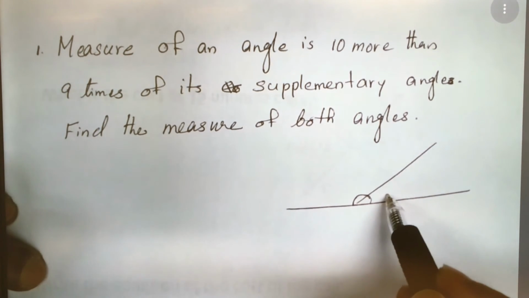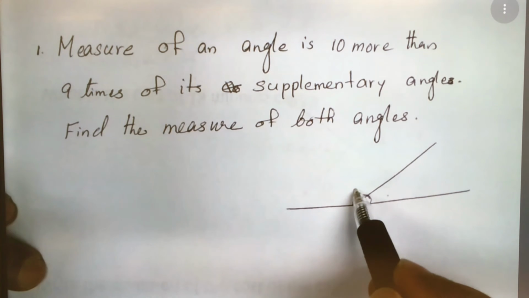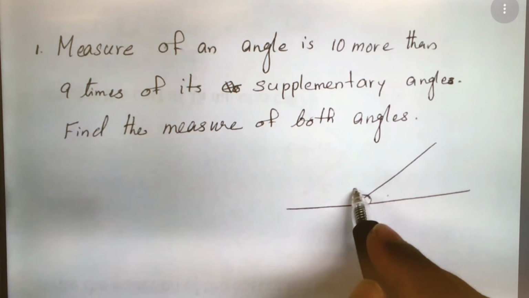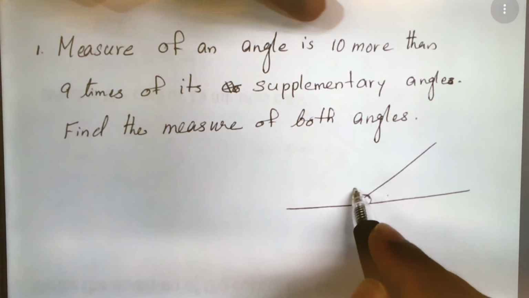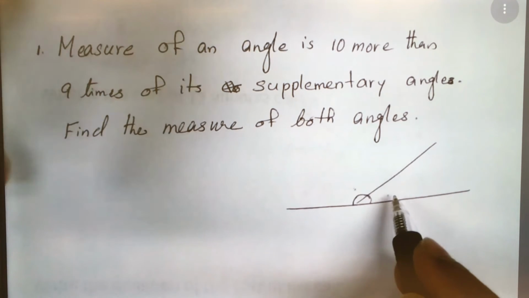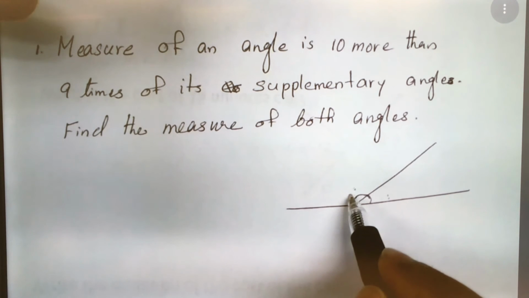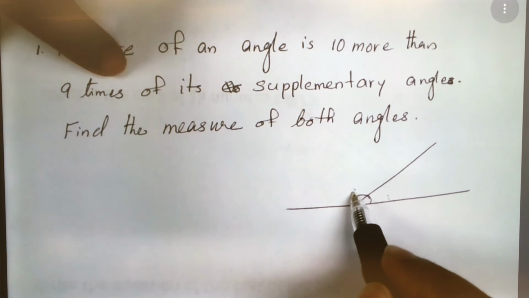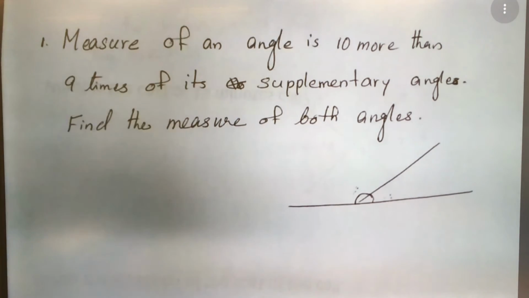So this angle is the supplementary of this one. I don't know how much is here, but I say that this angle is 10 more than 9 times this angle.